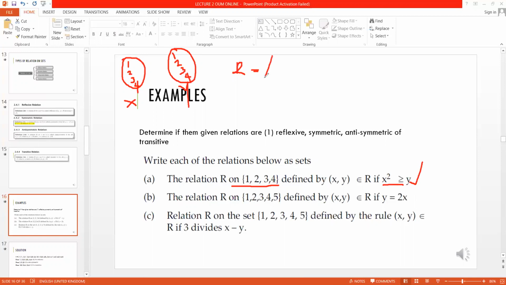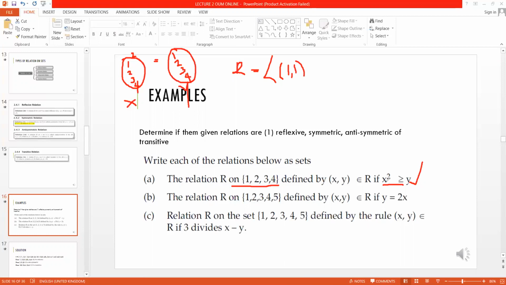Okay, so let's start the analysis. 1 squared is equal to 1, so we can have that relation existing: (1, 1). But 1 squared is not greater than 2, neither is it greater than 3 and 4.